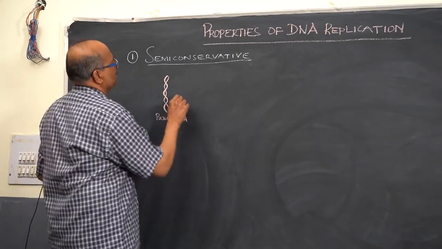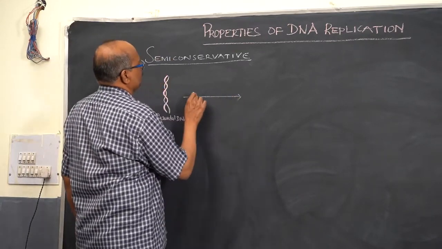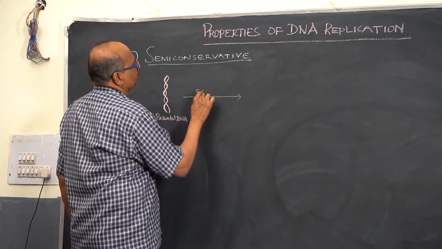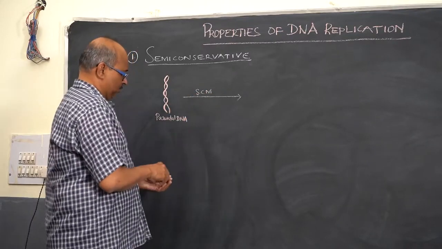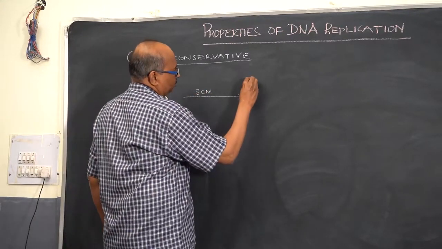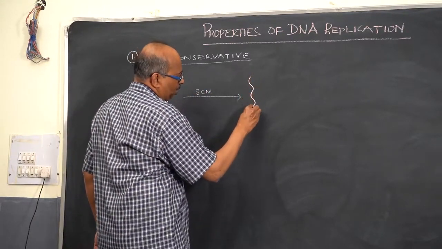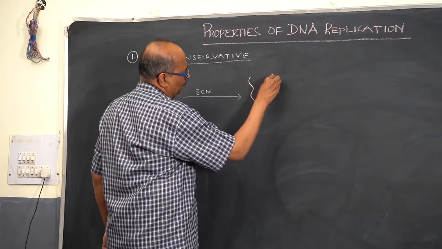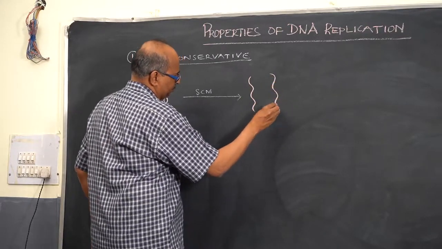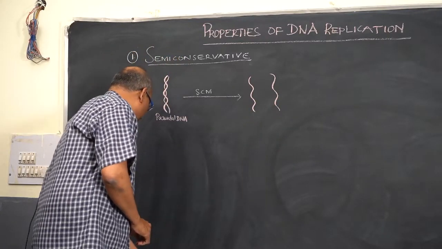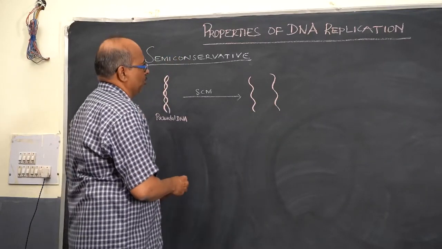when you have a semi-conservative mechanism, each daughter molecule gets one parental strand and synthesizes the complementary nucleotides.